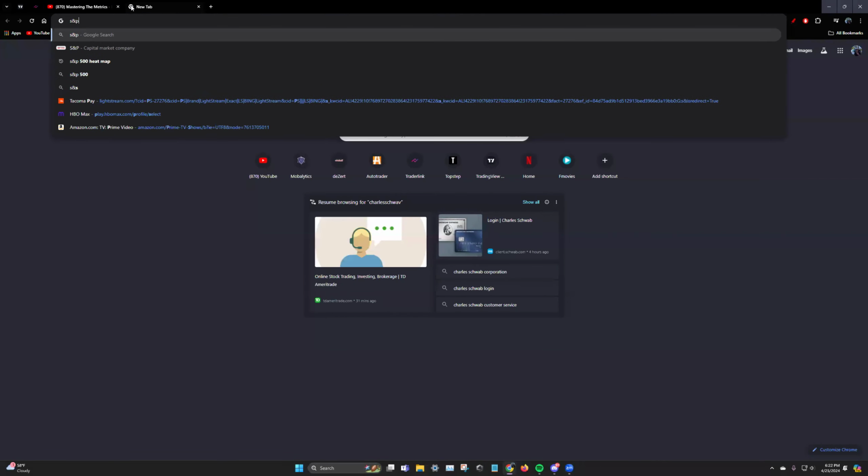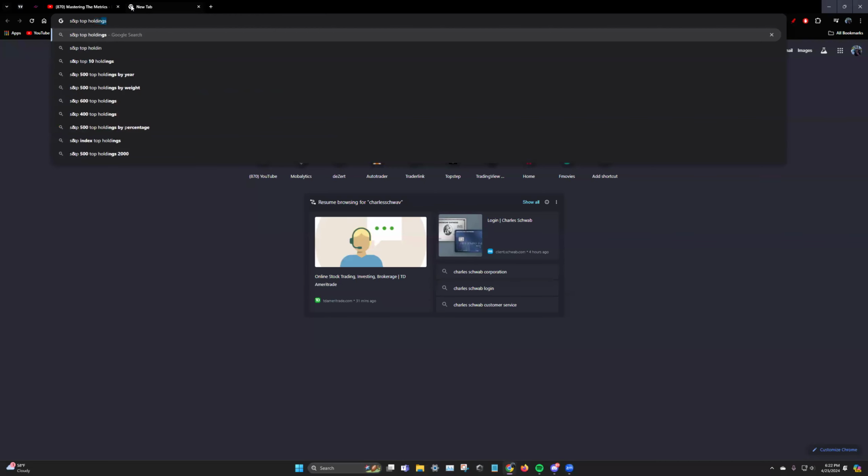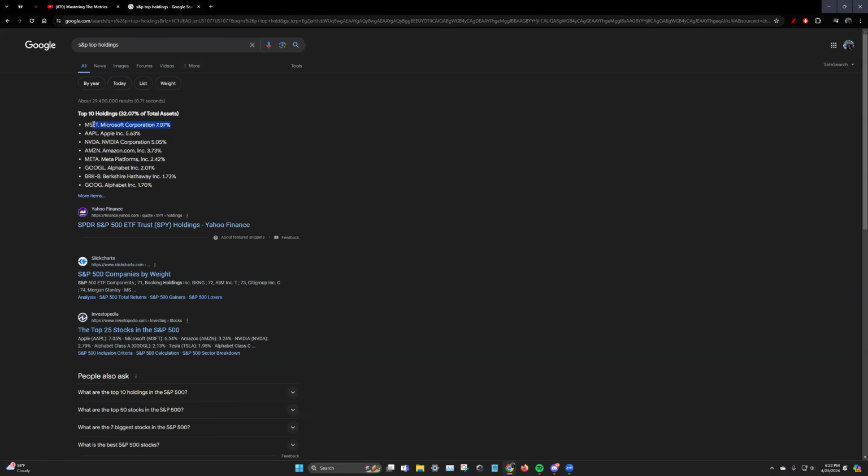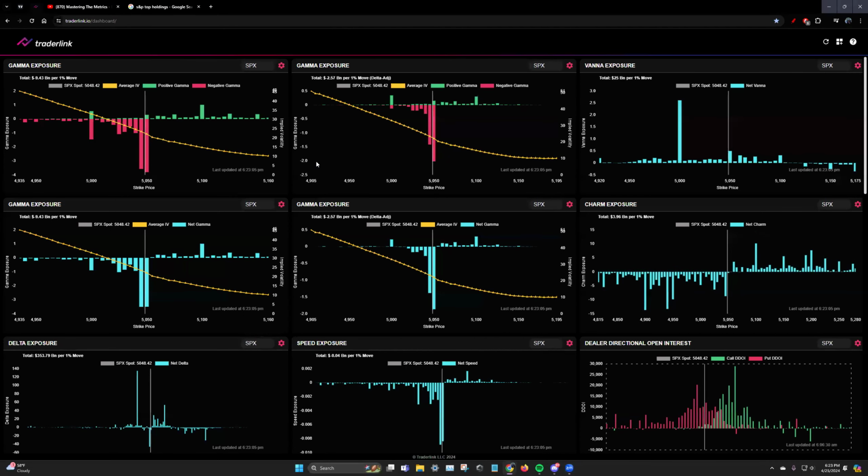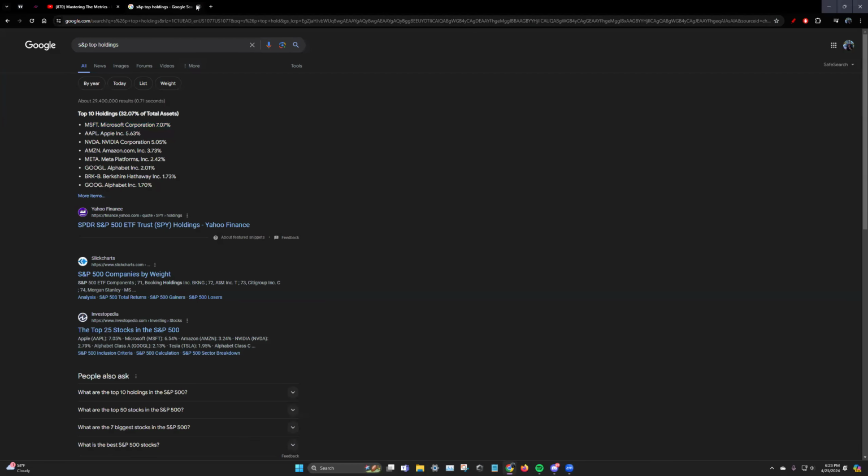In the S&P top holdings, Microsoft is only 7%, but SPX is 16% of the entirety of the options cap. Apple's 5%, Microsoft 7%, Nvidia 5%, but SPX is 16%. That's why it moves the market and tells you where the market is going, right?